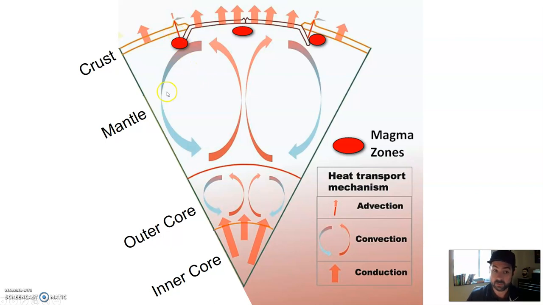Remember, mantle is mostly solid, crust is solid. But due to plate tectonics, you'll get little spots where rock will begin to melt. This is where magma comes from. It comes nowhere near the liquid outer core. It's a common misconception, and I just said it to kind of trick you. So magma for the most part comes from the upper mantle or crust area.